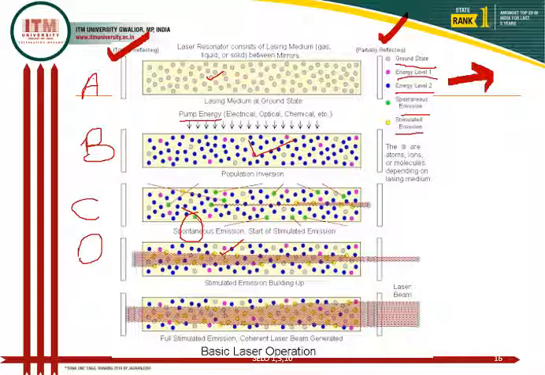So they move back and forth. You can see that first they move here, then they are reflected back from the mirror and move there, and the intensity increases. Finally, the lasing action can be observed in E. So these are the processes of optical resonators.